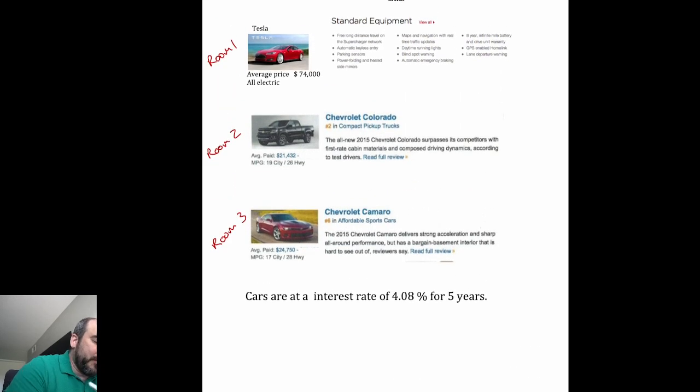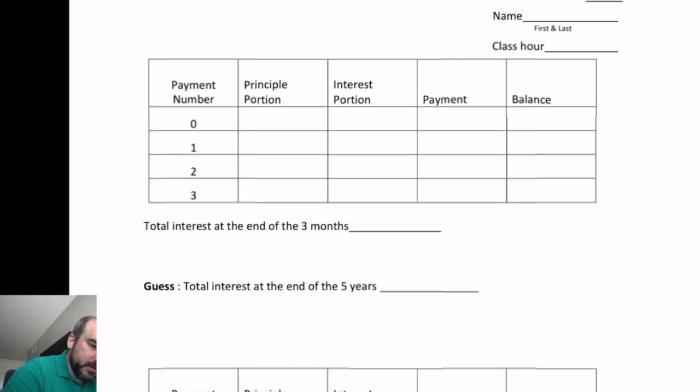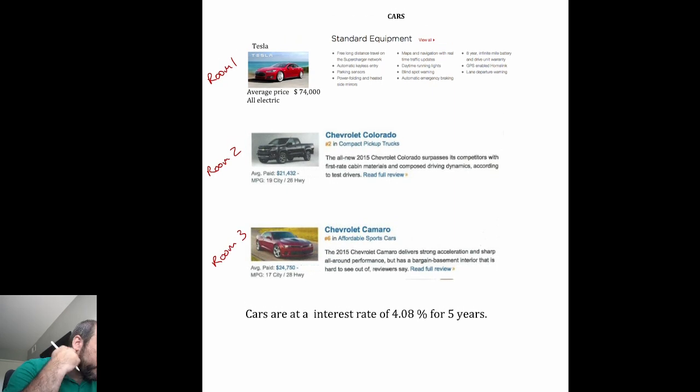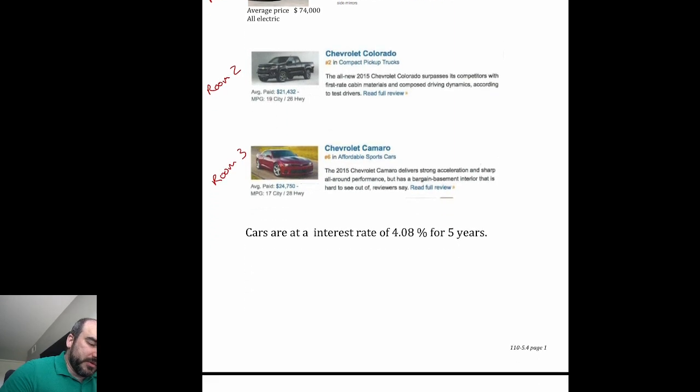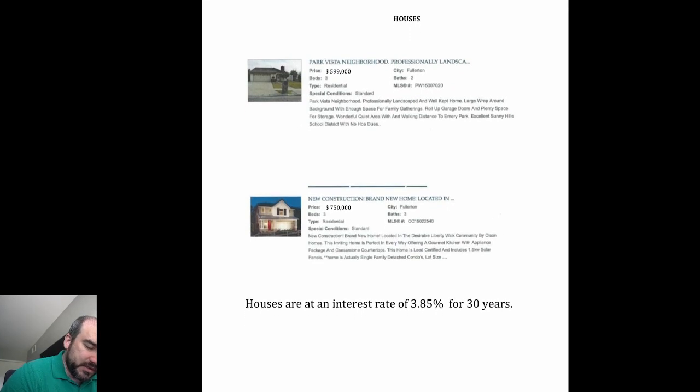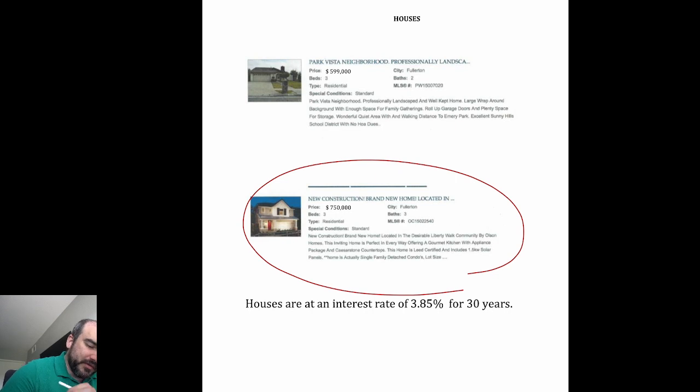Essentially, what you need from this page is the amount of money that the car is worth. So room 1, room 2, room 3. And then as for the houses, let's just have all 3 rooms doing the second house, the $750,000 house.